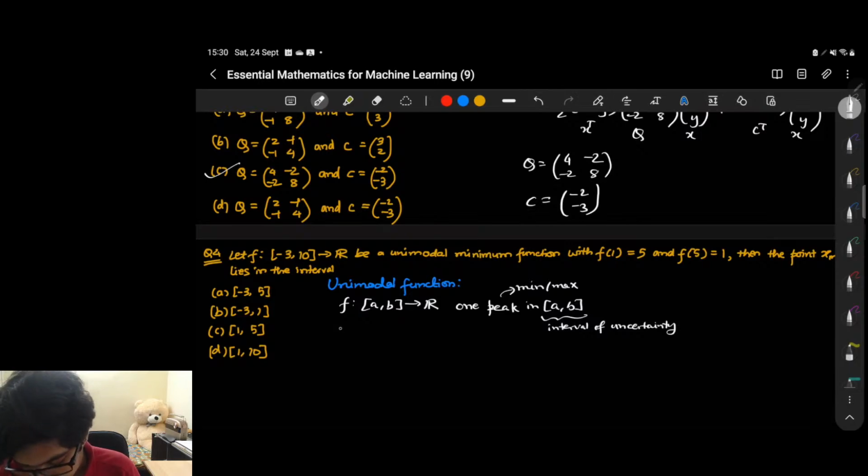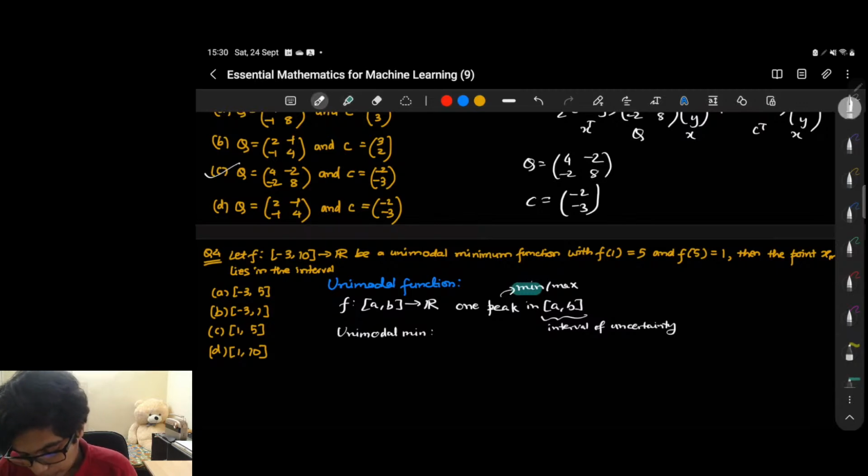Then for a unimodal minimum function, this peak needs to be a minima.